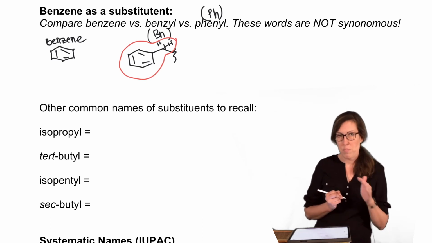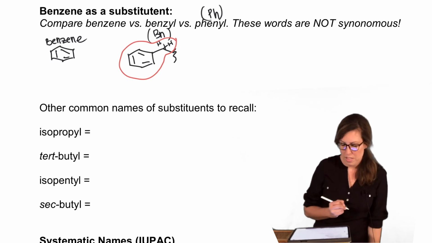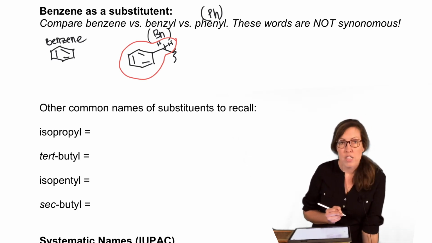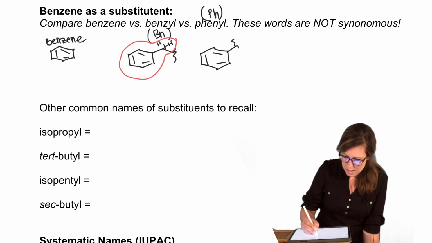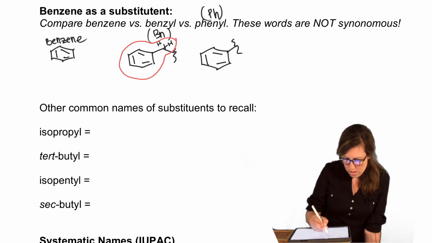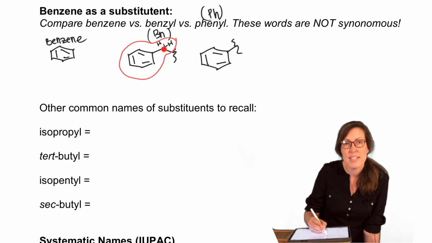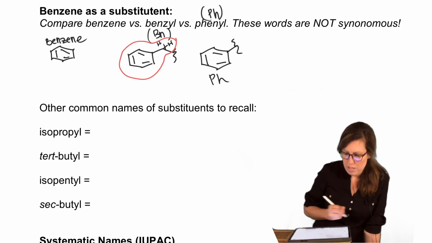Being adjacent to an aromatic ring with conjugation, it can delocalize, so it makes it more acidic. Phenyl means we are not defining what's on the other side of that. So in other words, this would be a phenyl group, but if that group happens to have a CH2, we change the name to benzyl. You want to keep those straight because we will be using them more often now that we're in the aromatic chapter.